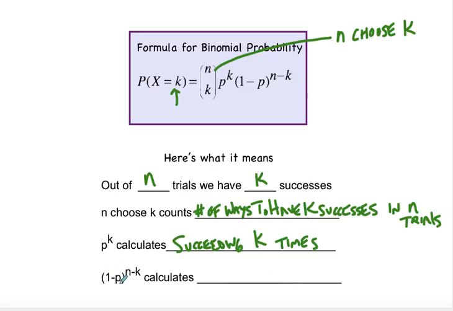And then 1 minus p, if succeeding is p, then 1 minus p would be failing. And n minus k, n is the total number of trials, k are the successes, so n minus k would be the other amount of times. If you're succeeding k times, then you'd be failing the other amount of times.